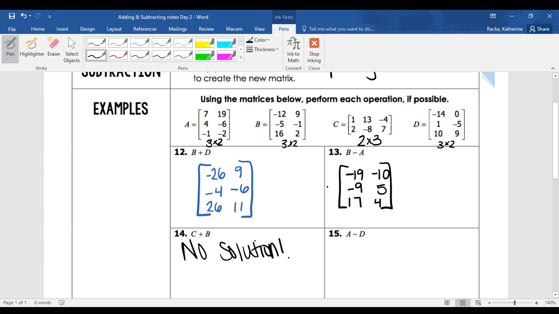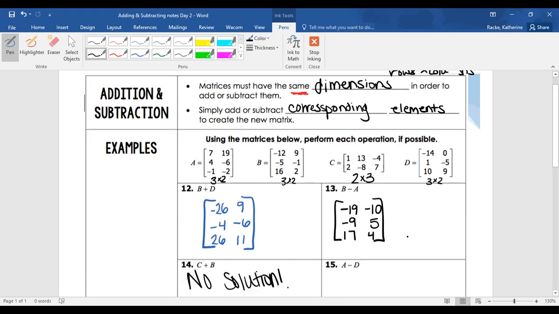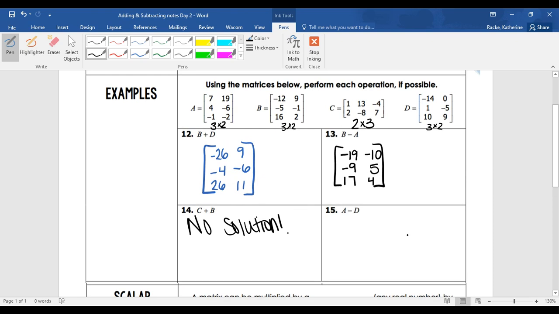All right, example 15, A minus D. So A is a 3 by 2. D is a 3 by 2. They have the same dimensions, so we can now subtract A minus D. So let's begin with A minus D. A is 7 minus a negative 14, so 7 plus 14 is going to give me 21. 19 minus 0, 19. 4 minus 1 gives me 3.